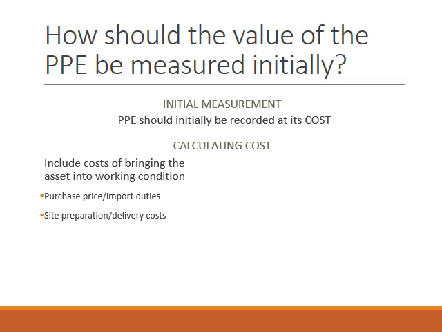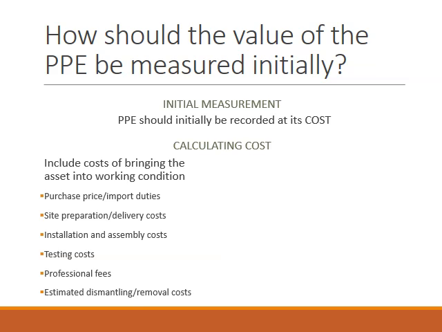We'd include the costs of site preparation or delivery costs to the site. We'd include installation, assembly and testing costs, as well as any professional fees such as solicitors' fees on the acquisition of a building. We would also include any estimated costs of dismantling or removing the asset if we were likely to incur such costs at the end of the asset's life.